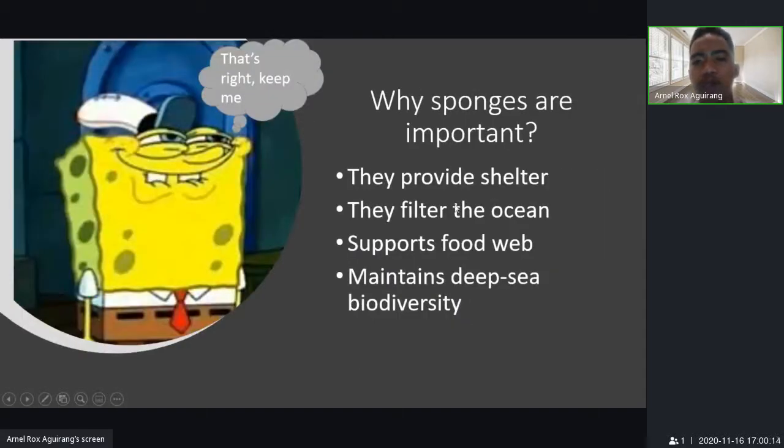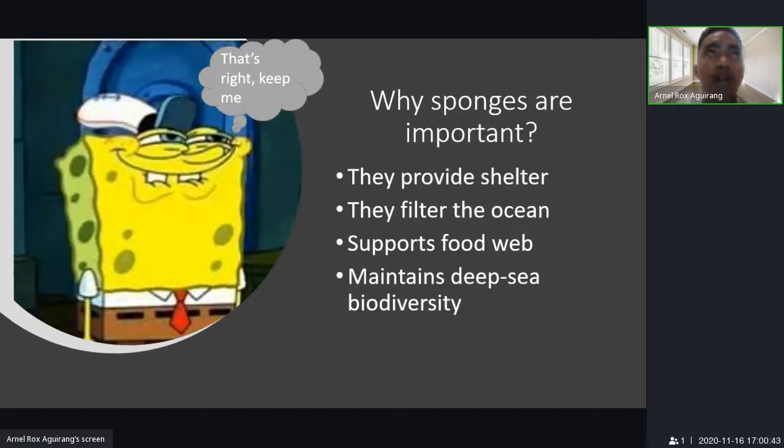Next. So, why are sponges important? First, because they provide shelter. They provide shelter to neighboring animals around them, for example shrimp, fish, and small fishes. They filter the ocean. Yes, they filter the ocean because, as we have said, they are filter feeders.